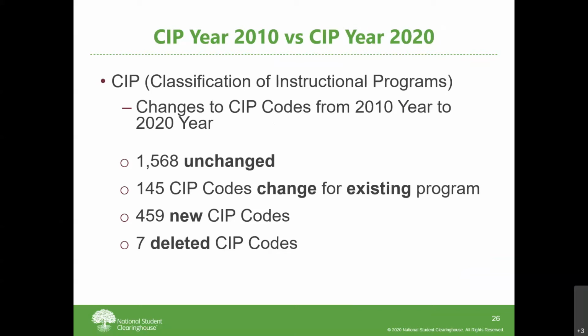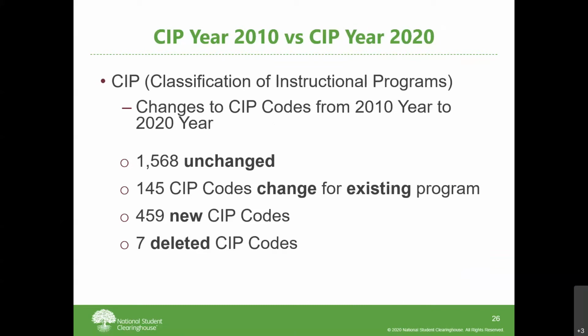So of the total list between the 2010 list that we're all accustomed to and the new 2020 list, over 1,500 of them are unchanged. So in other words, the CIP code that you would use for the 2010 list is going to be the same CIP code you use for the 2020 list.